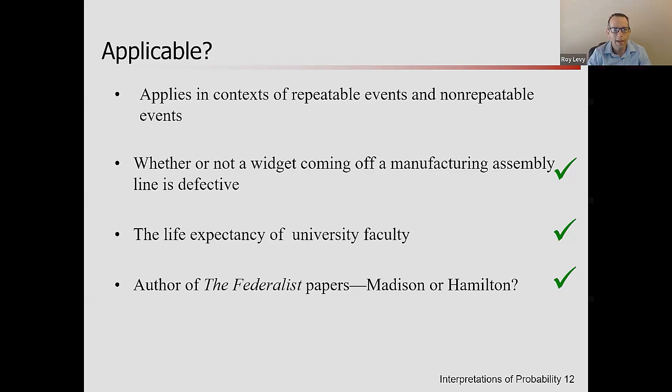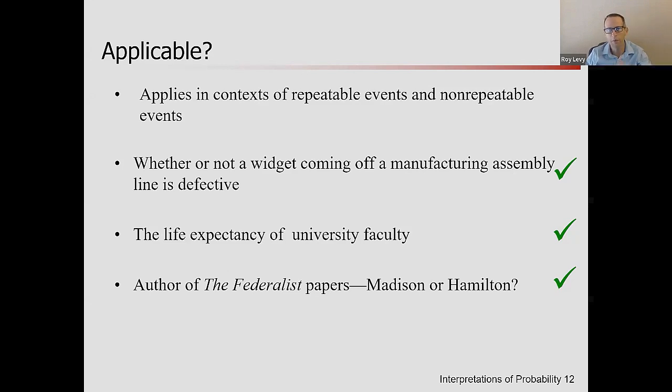So what we're getting at here is, under this interpretation, probability is an expression of belief or an expression of our uncertainty. We can apply this in all sorts of situations.